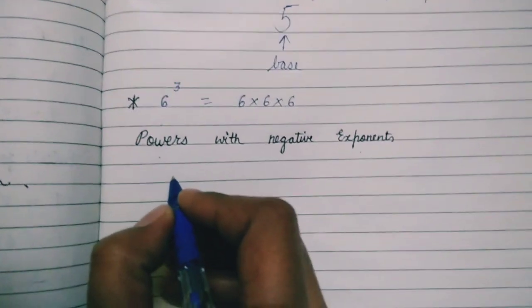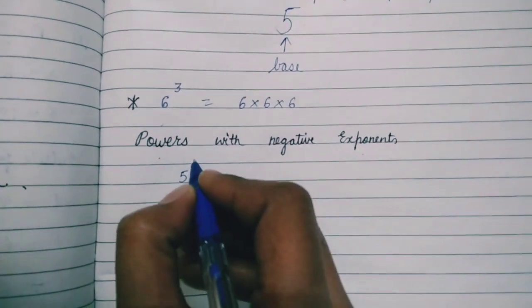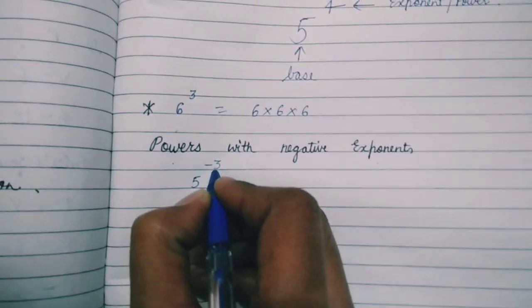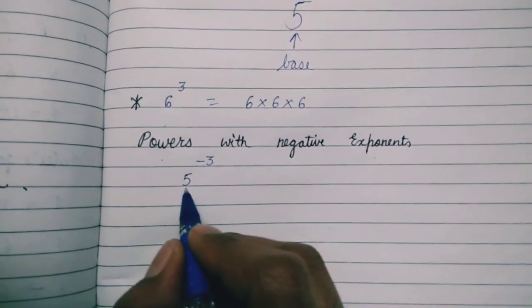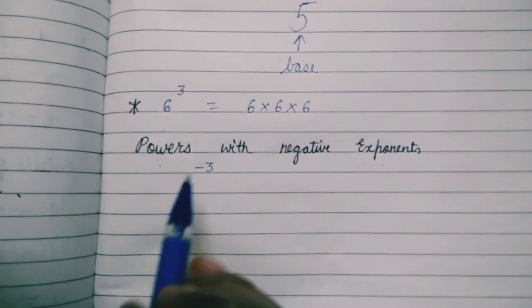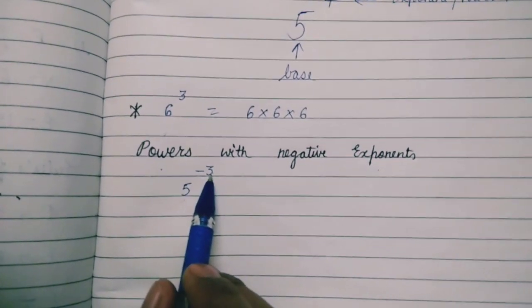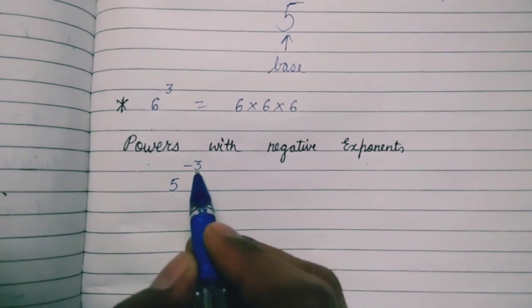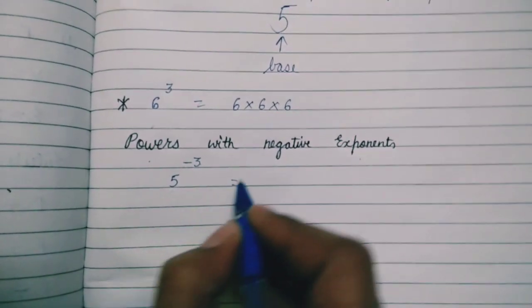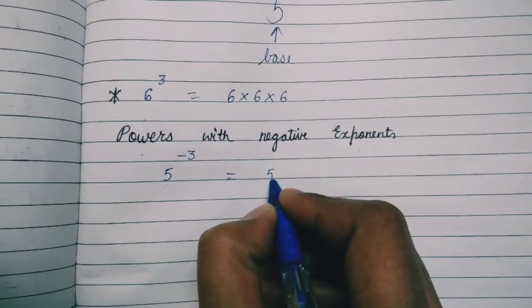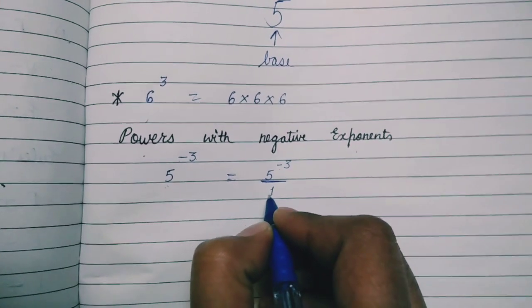For that, firstly I am taking an example which is 5 raised to the power minus 3. If it were only 5 to the power 3 it would be okay, but here we have a negative exponent. For removing this minus, what will we do? We will see the denominator of 5 raised to the power minus 3, which is 1.